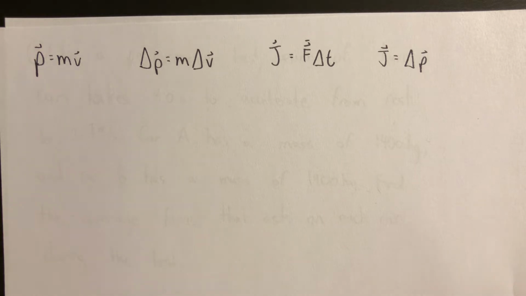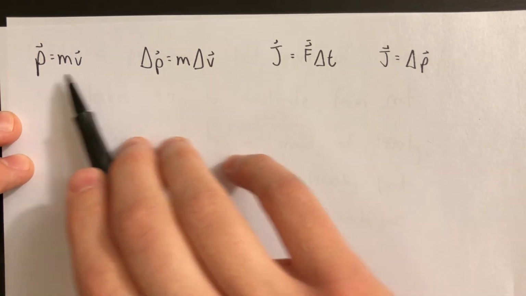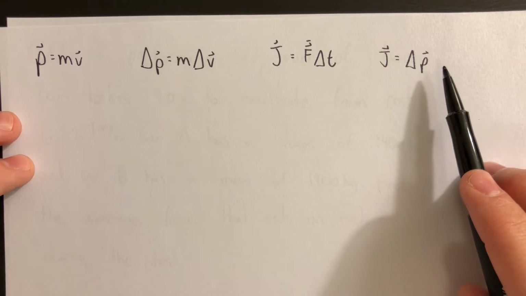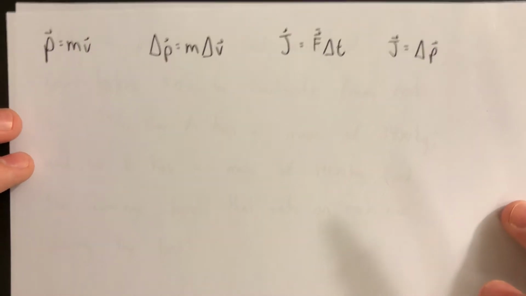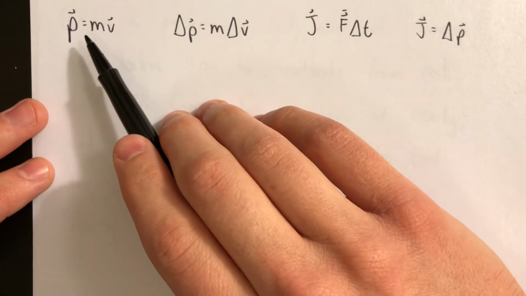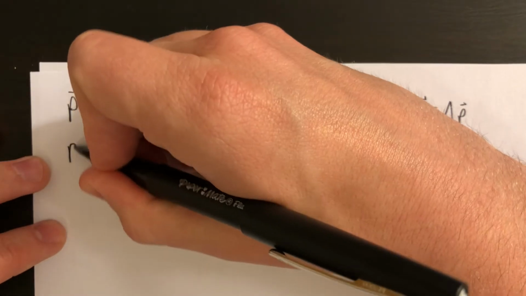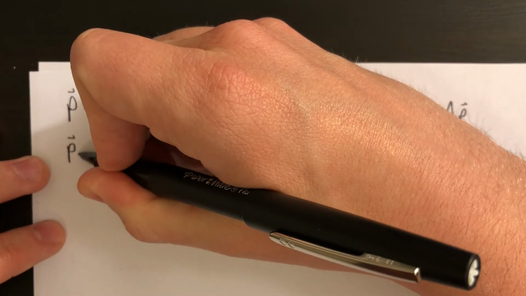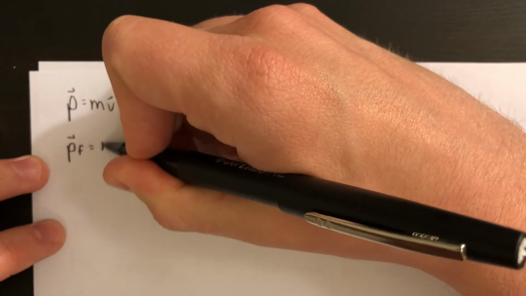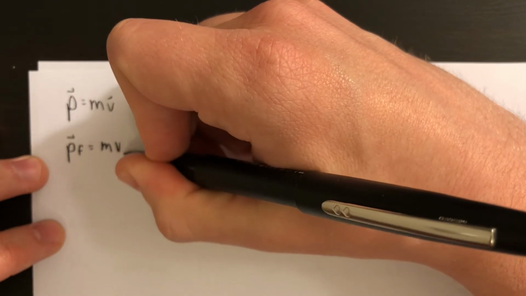So what I want to show you is that although these are our 4 basic equations, we can write them in multiple ways. For example, over here with momentum. Momentum can be written in 2 ways that I can think of. There might be more. Well, there definitely are more. But here's my 2 that I wanted to show you.